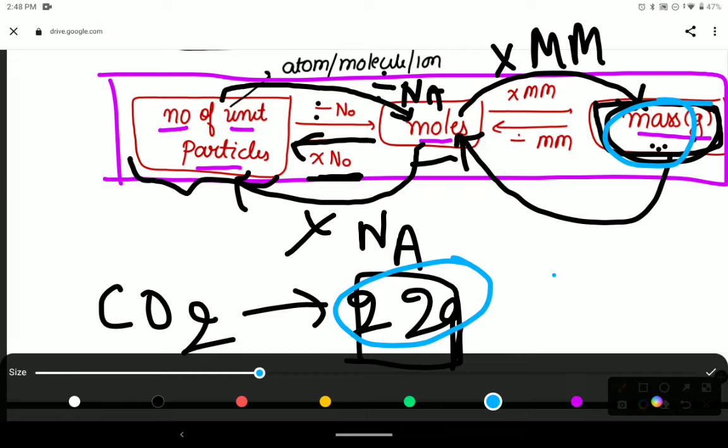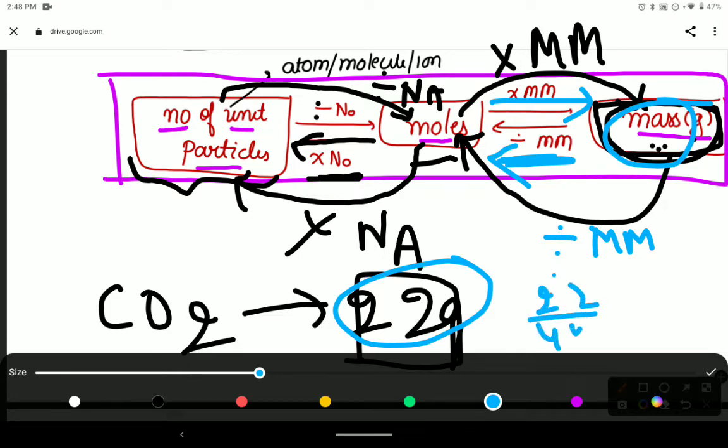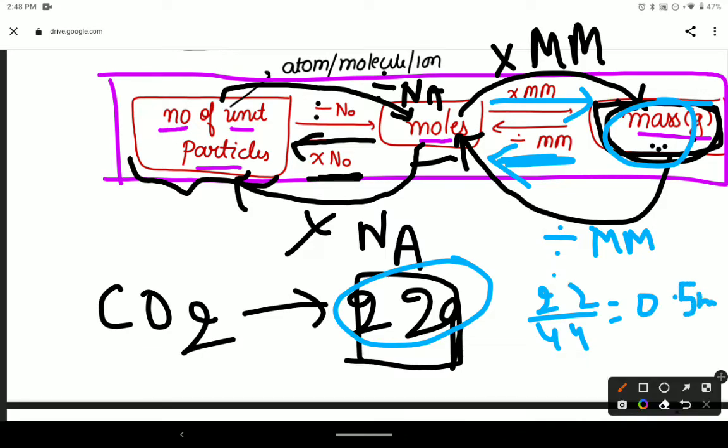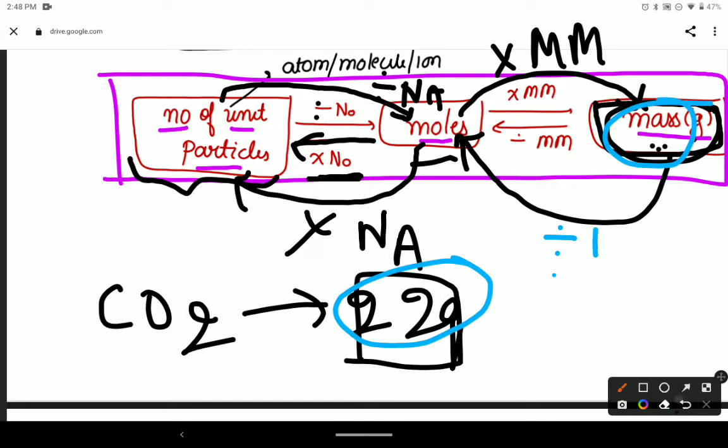Mass was given in the question and we are asked to find the number of moles. Then we should divide it by molar mass. See this direction. So 22 divided by the molar mass of carbon dioxide, which is 44, results in 0.5 mole. Yes, am I right? This is the way we solve the question.